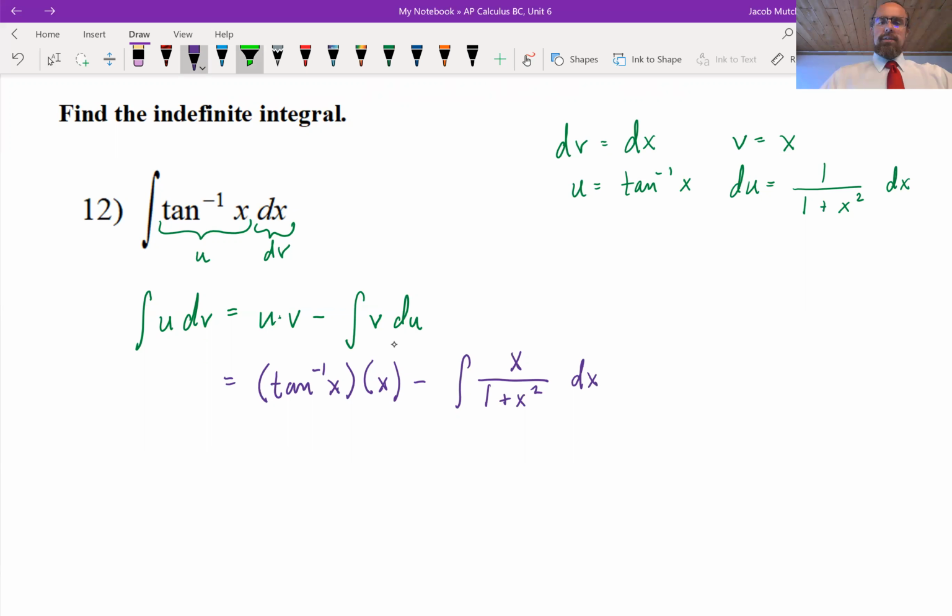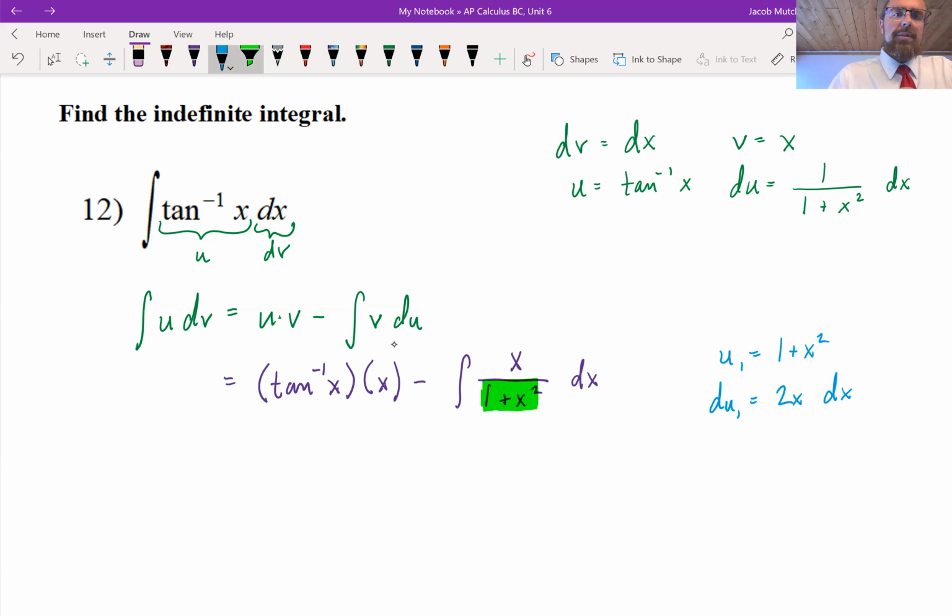So in my integration part now, I've got 1 plus x squared in the denominator, and I've got x in the numerator. My strategy there is going to be to treat that as a substitution. We'll call this u sub 1 like we did in a previous example. u sub 1 is going to be 1 plus x squared. du sub 1 is going to be 2x dx.